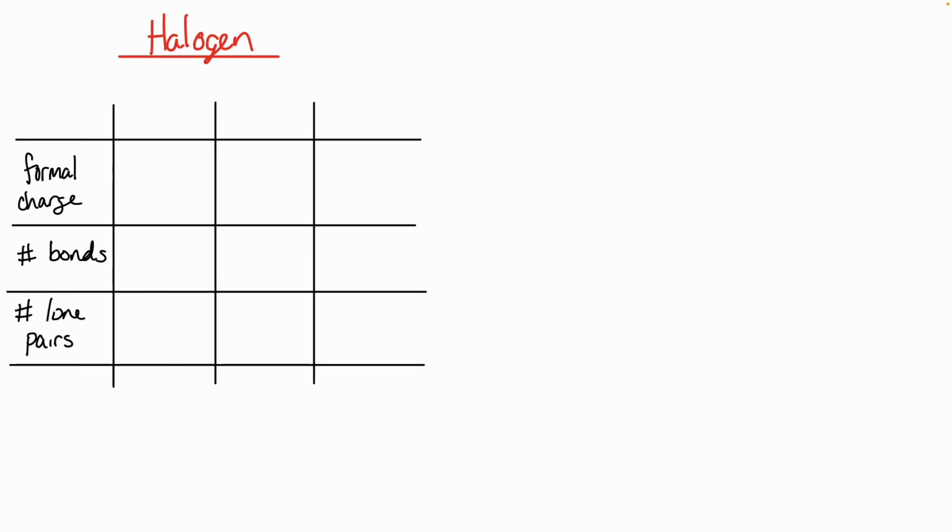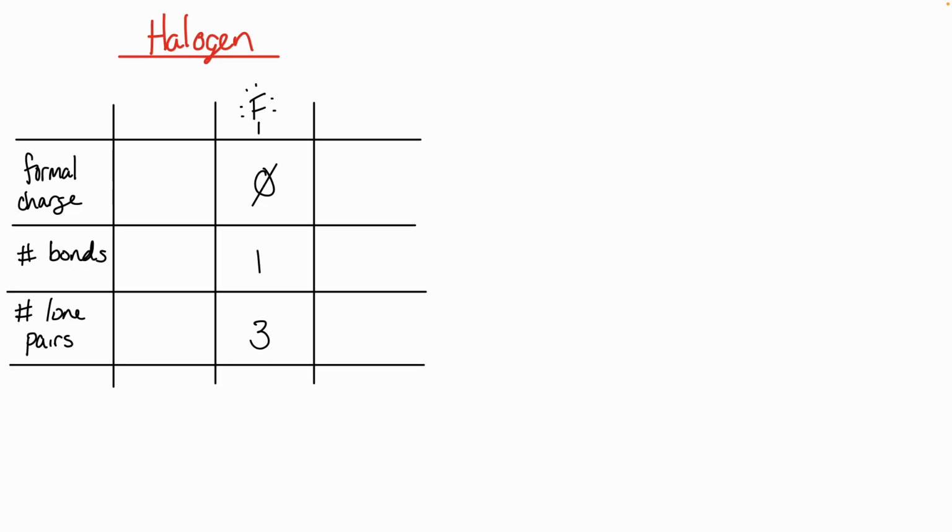I'm going to leave this one for y'all to do on your own here. Again, we noted that a halogen likes to have 1 bond and 3 lone pairs. All right, so you're going to fill in the remainder of this chart.